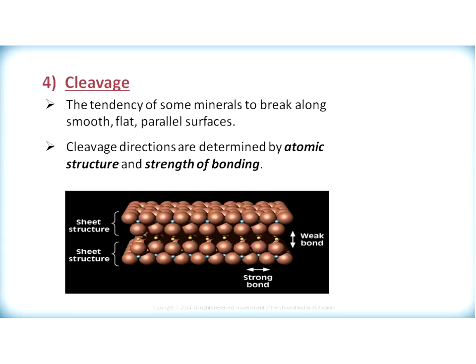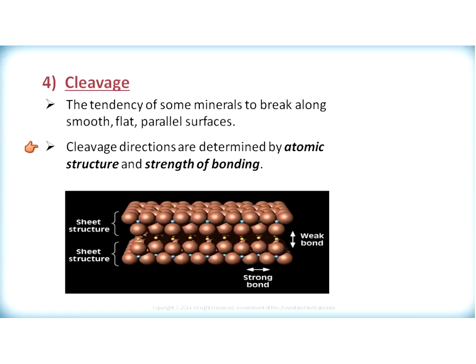A fourth property that we use to test an unknown mineral to help identify minerals would be cleavage. Cleavage is a tendency of some minerals to break along smooth, flat, parallel surfaces. Two properties that a mineral's cleavage depends on are the atomic structure and the strength of the bonding between the atoms.